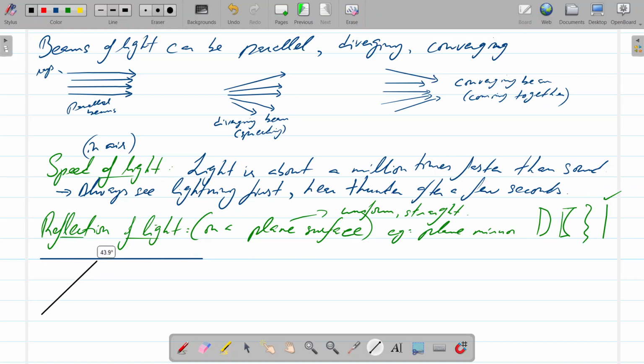Let's draw that at 45 degrees. It's hitting the surface and coming back at, how much would it be? 360 minus 45 would be 315. There we go. Perfect.